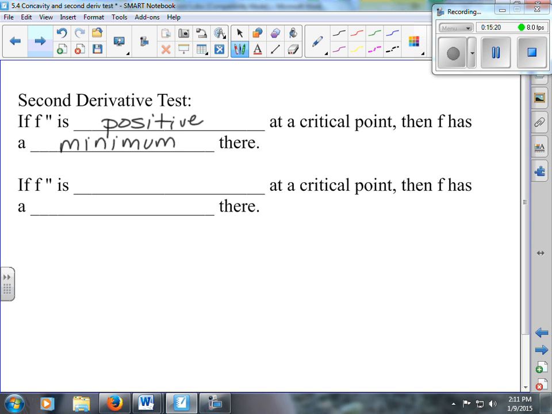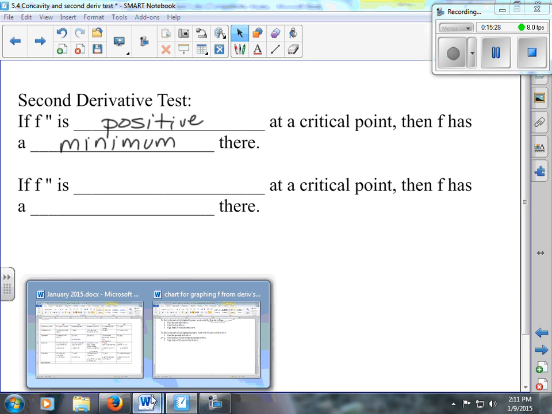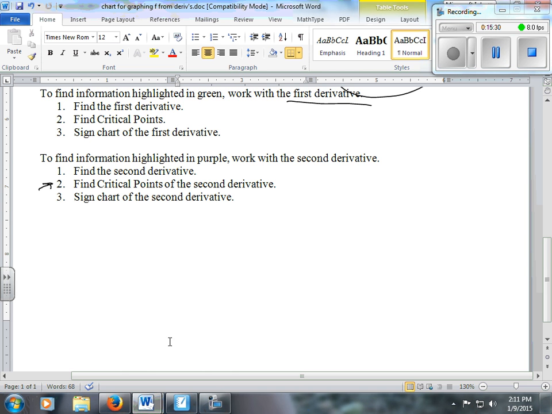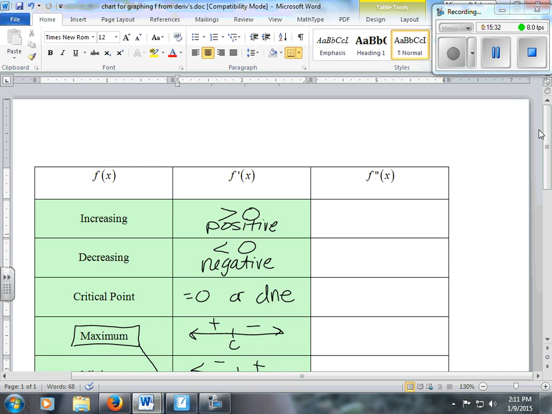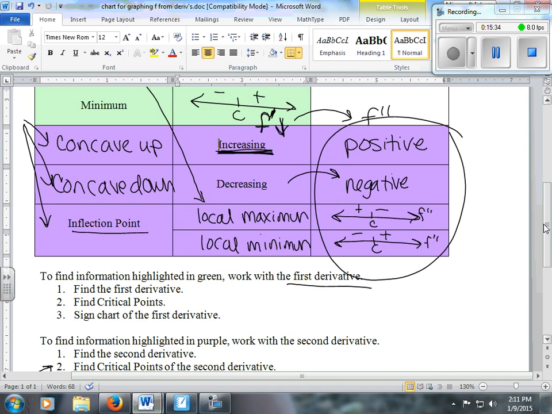All right, and let me try to explain what's going on here. What happens when f double prime is positive? Let's look at the chart. My chart tells me that when the second derivative, that's the third column here, is positive, then f prime is increasing and f is concave up.